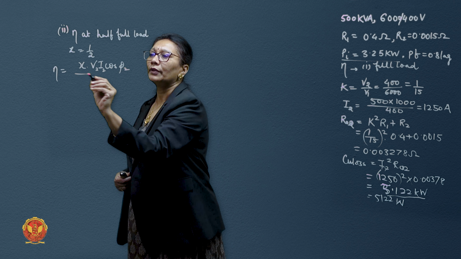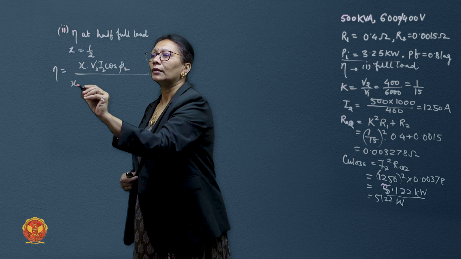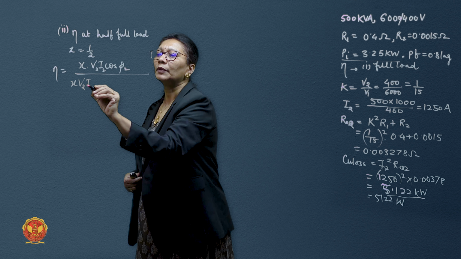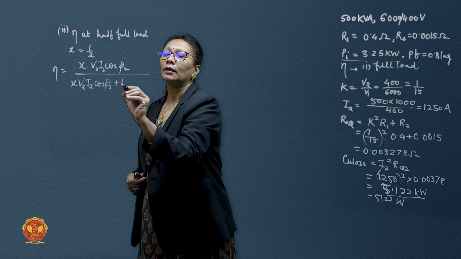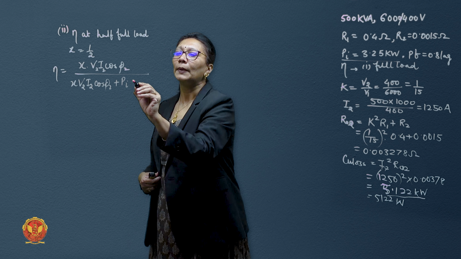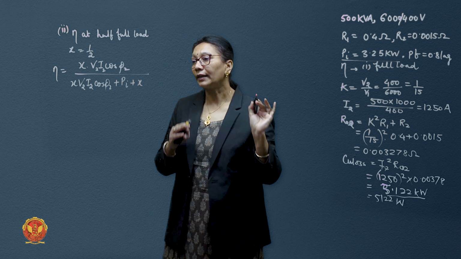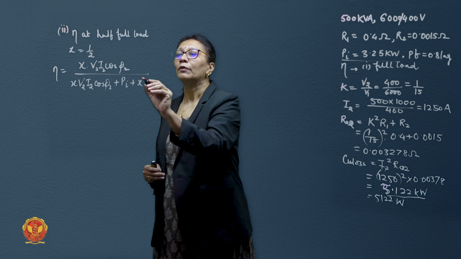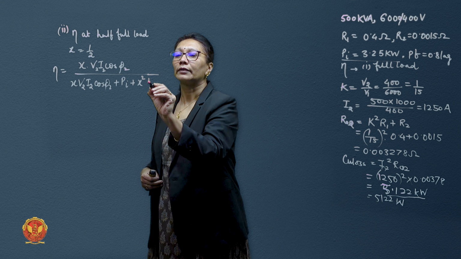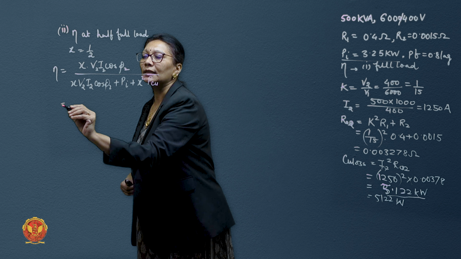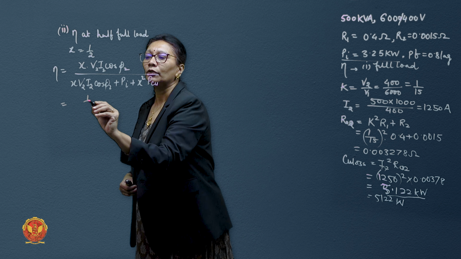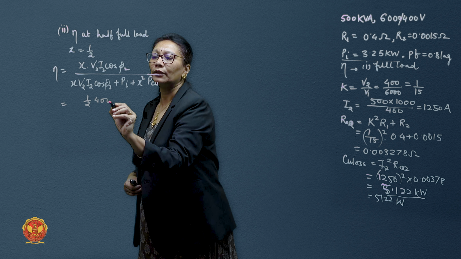In the denominator, we take the output power plus, as I said, Pi will remain as it is, but for the copper losses, where the I square term is involved, we have to take it as x square into P copper. We have all the calculations ready, so we just have to place the values.